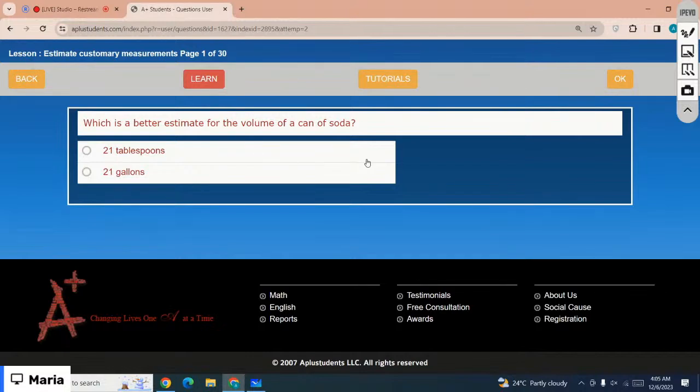Yes, the correct option is 21 tablespoons because gallons is too much for a can, right? The correct option is option number 1, right?